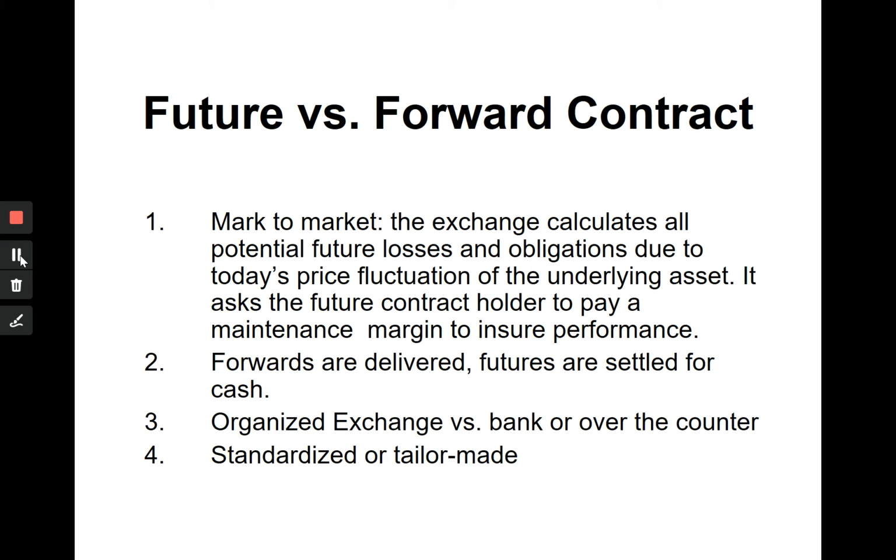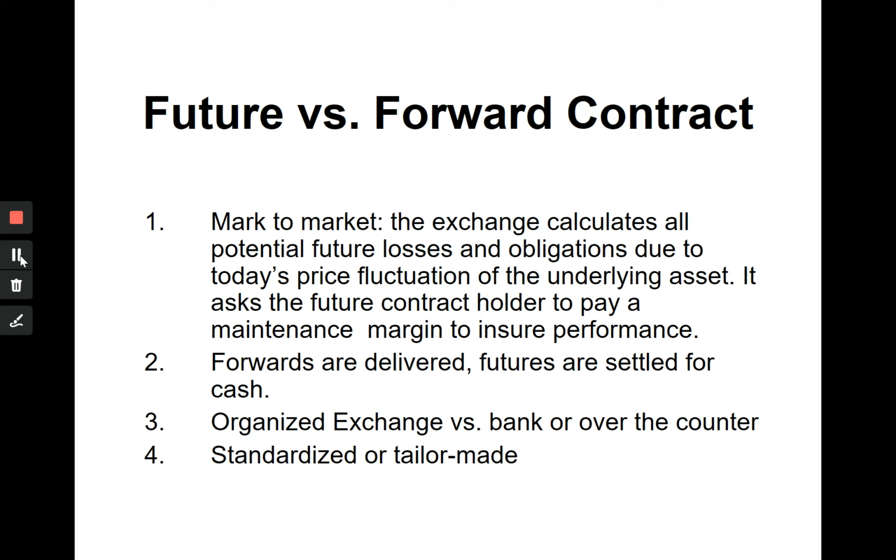The future contract does the exact same thing. In that sense, it's different from options. Option gives us a right but no obligation, but futures and forwards give us an obligation to perform what the contract says.